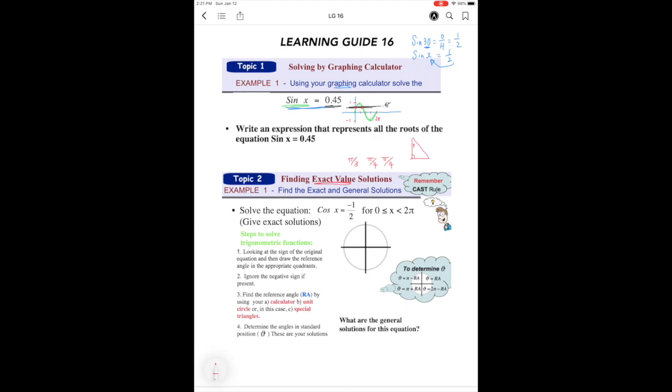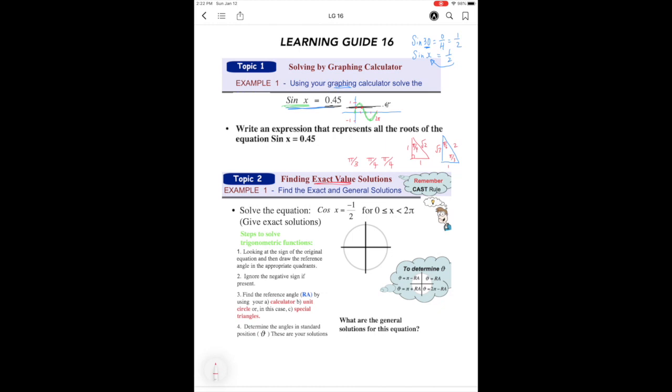Let's do the pi over 4, which is 45 degrees. It's the 1, 1, root 2. And the other one, with the pi over 6 and the pi over 3, we remember to be 1, 2, root 3. We're going to be using those triangles.